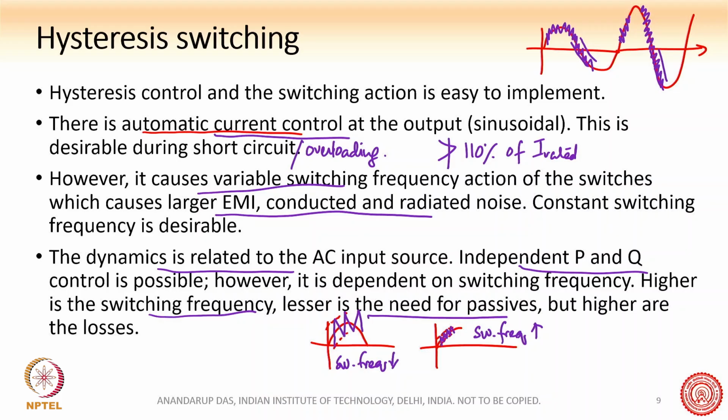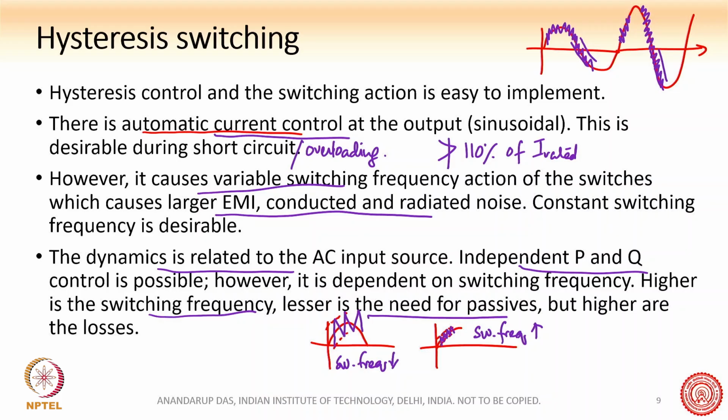Sometimes people also go with plus minus 10%. If you increase the band further, suppose you say I will have a band of plus minus 30%, plus minus 40%, then your switching frequency will go down. But you will not be able to track the current so nicely. You will have a lot of harmonics coming in.